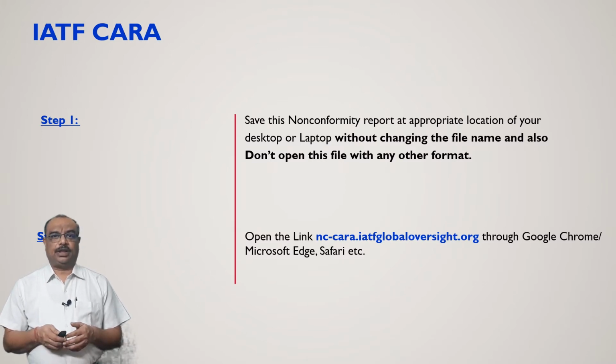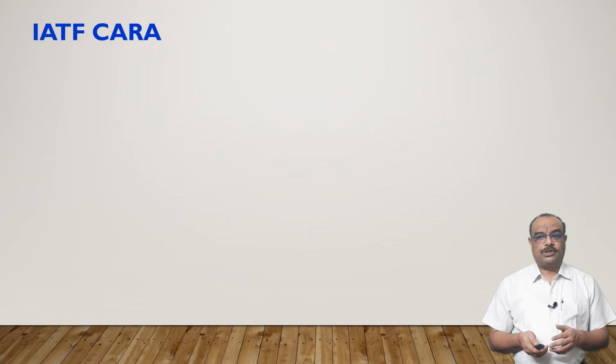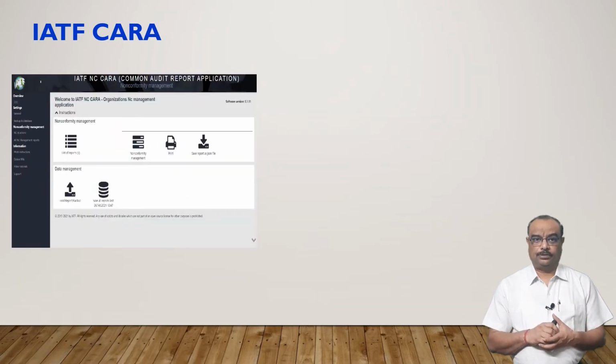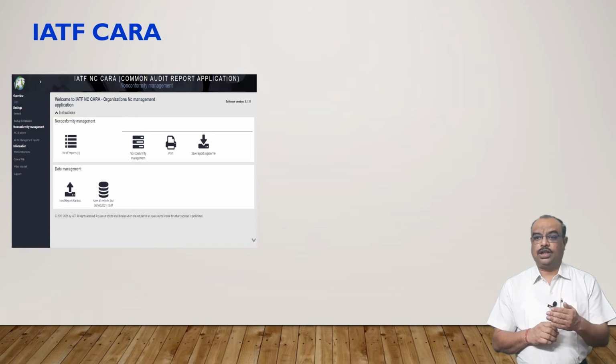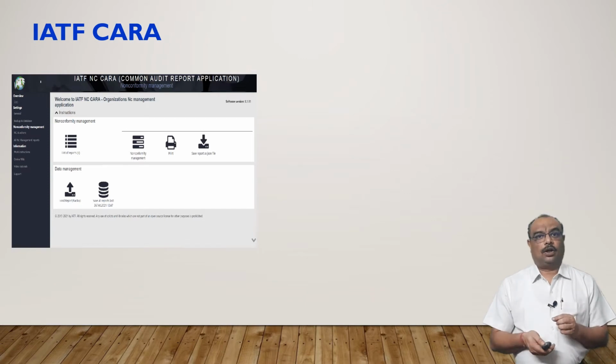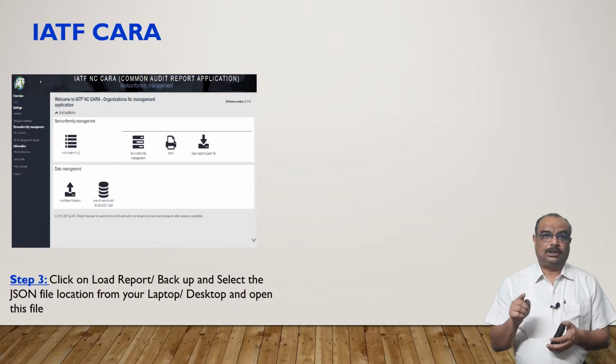In step number 3, if you see the slide, you will find this kind of window on your desktop or laptop screen. Here there are 2 options, non-conformity and data management. You have to click on data management.